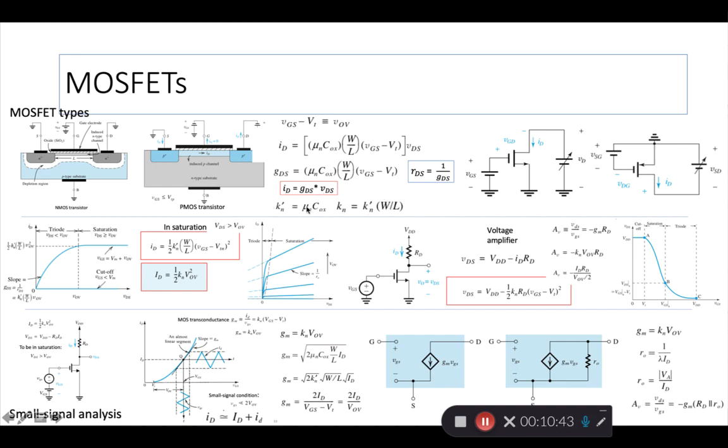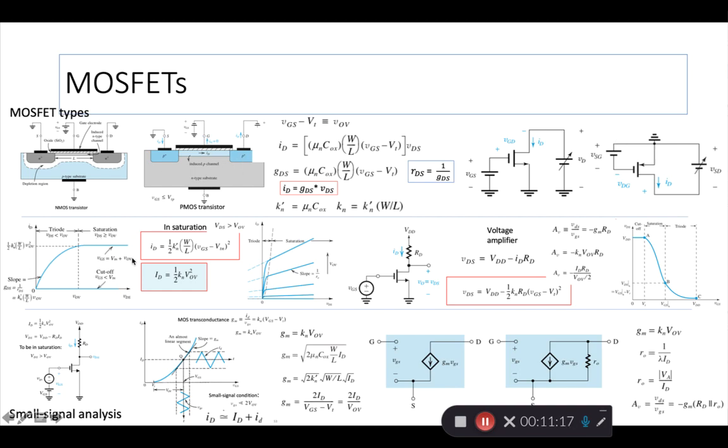This is called the process transconductance parameter. This is called the transistor transconductance parameter. So big names, but you will recognize that they keep appearing when you have to solve problems. So please become familiar with all this and this basic circuit and all these various voltages here. So there's the gate to source voltage, the gate to drain, and then there's a voltage here which is the drain to source, VDS. Okay, so that was the top portion.